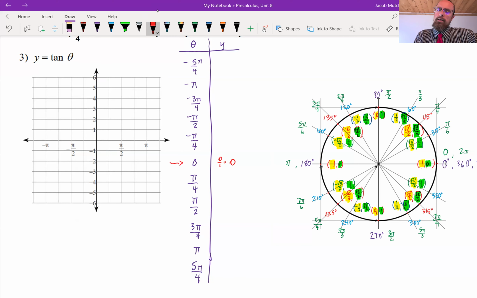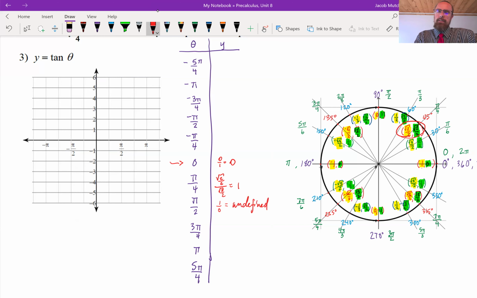At pi over 4, I see that my x and y values are the same. They're both square root of 2 over 2. So if I divide the green by the yellow, it's square root of 2 over 2 divided by square root of 2 over 2, and that has a value of 1. Then at pi over 2, I've got the coordinate 0, 1, so the division there is going to be 1 divided by 0, and that's undefined. We'll see how that shows up on the graph of tangent in a minute.